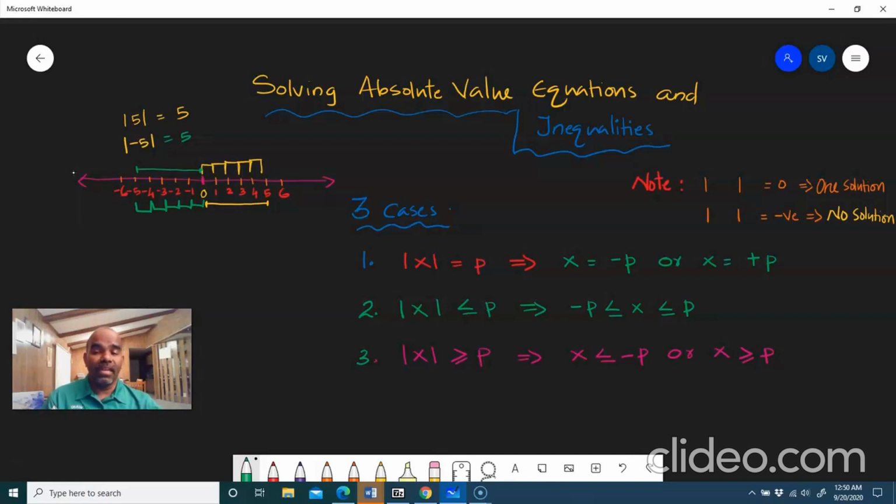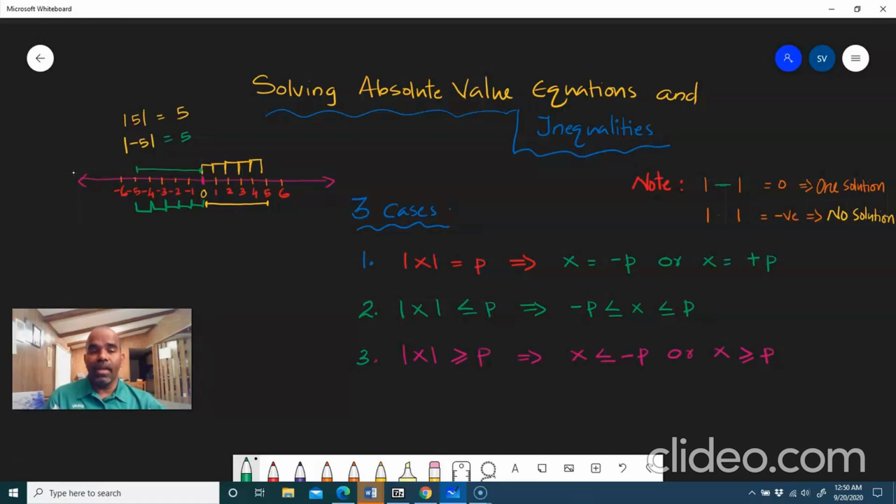If in the process you find that the absolute value is 0, you can say that the absolute value equation will have one solution.